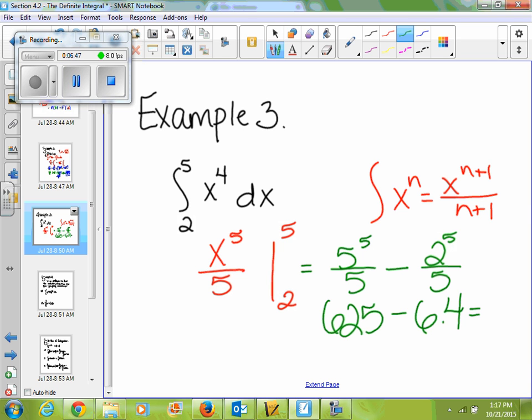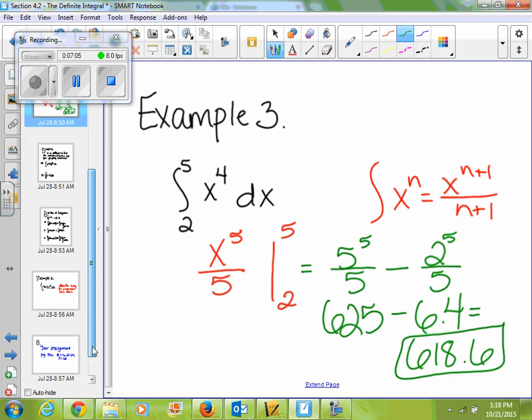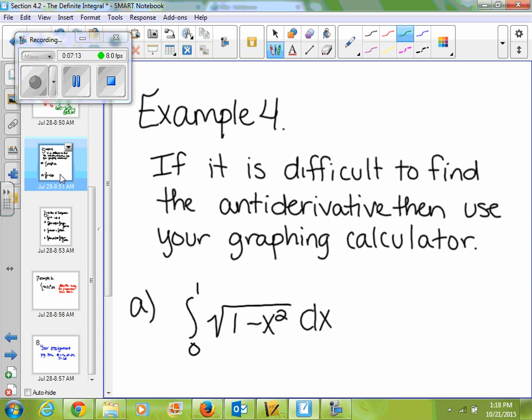Okay. And what's 625 minus 6.4? 618.6. So my area under that curve from 5 to 2 would be 618.6. Okay, so far so good. It's easier than drawing rectangles. I agree.